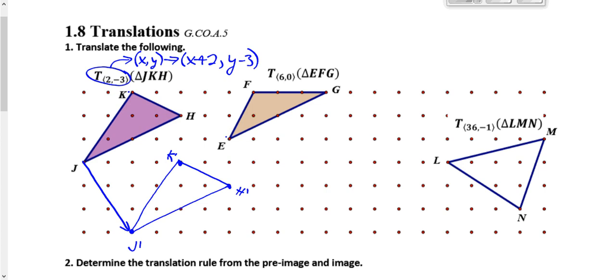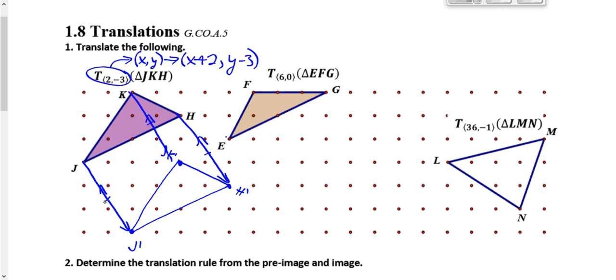That's the same vector that moved the K, and that vector for the H. What can you tell me about the length of each of those paths, those vectors? They're all parallel, so we put parallel marks in. And what else are they to each other? Congruent, same length.